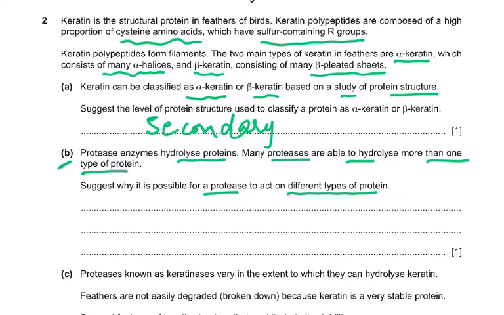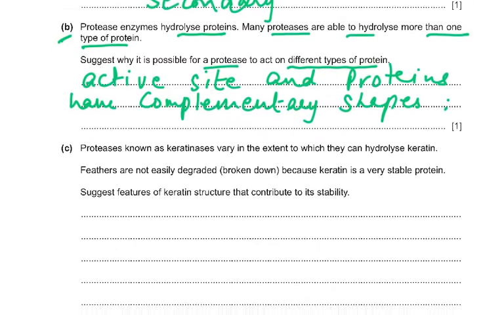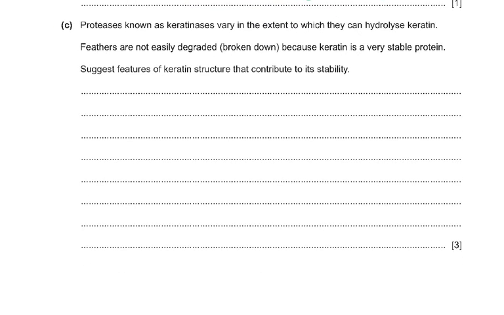Or you could have said substrates have similar shapes, so fit the active site. I've only written 1 point, of course, but there were many points for this. Then comes the C part of the question.